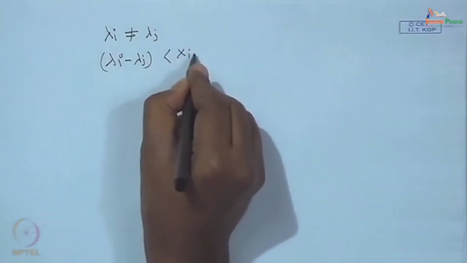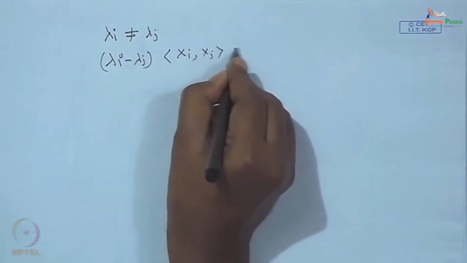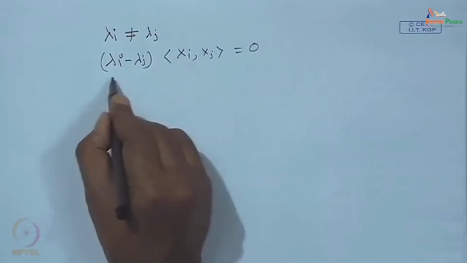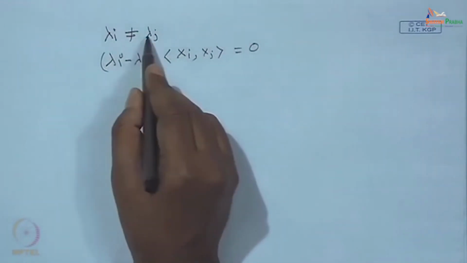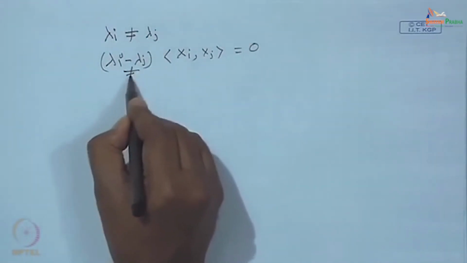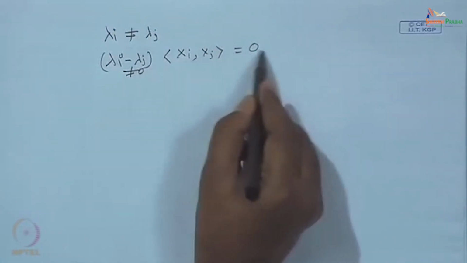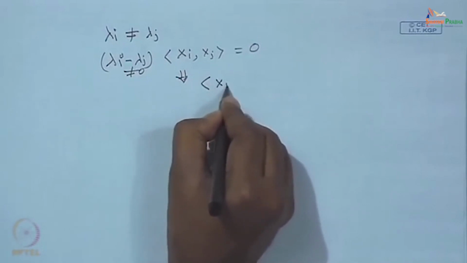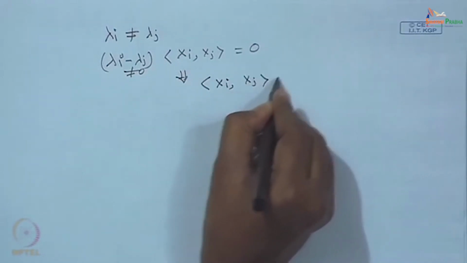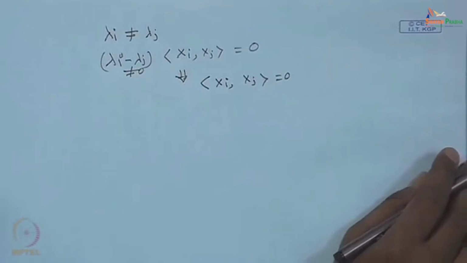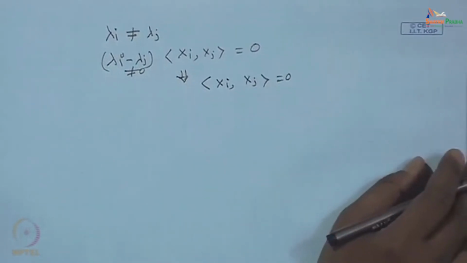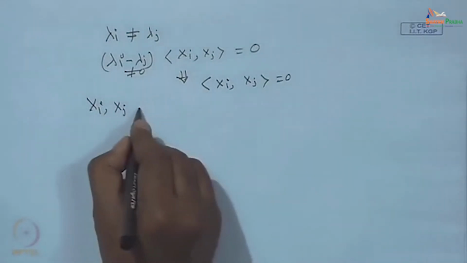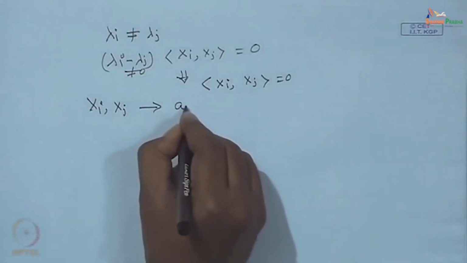Since lambda i is not equal to lambda j, this quantity is not equal to 0. Therefore, to satisfy this equation, the only option left is that the inner product of x i and x j must be equal to 0. So, that simply means that the eigenvectors x i and x j are orthogonal.